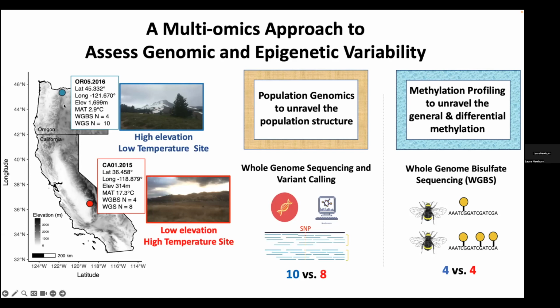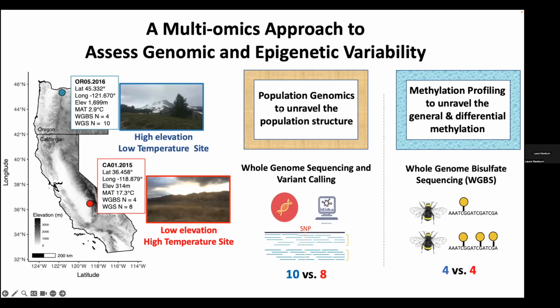As you can see, we have two study sites. One was in Oregon, which we call the high elevation, low temperature site, and the other was in California, which is the low elevation, high temperature site. You can see the number of samples we used at each site for both approaches.